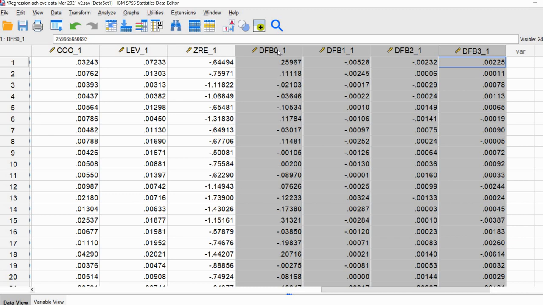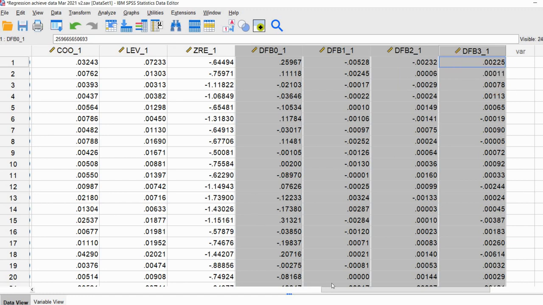So you can see if I highlight over this DFB0_1, that is the standardized DF beta for the intercept or the constant. And then right here, this is the standardized DF beta for the slope of the anxiety predictor, then this is for the slope of the mastery predictor, and then the slope for the interest predictor.